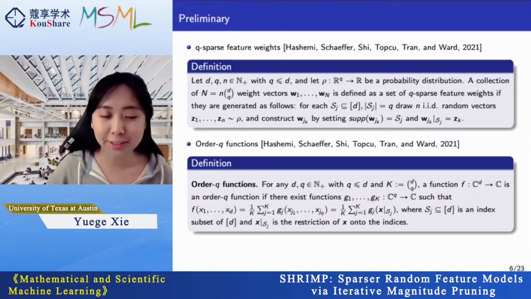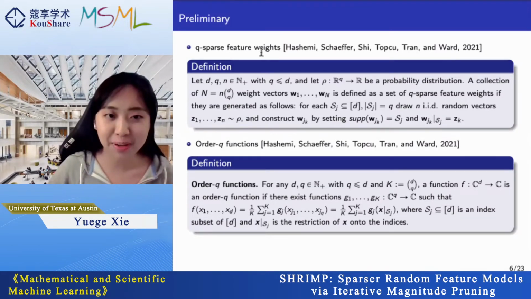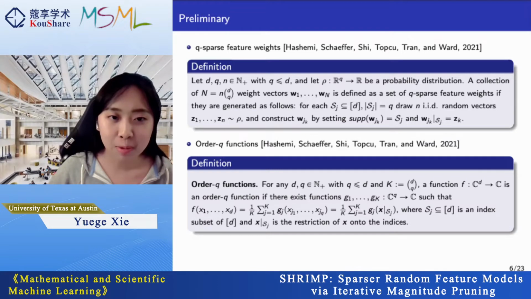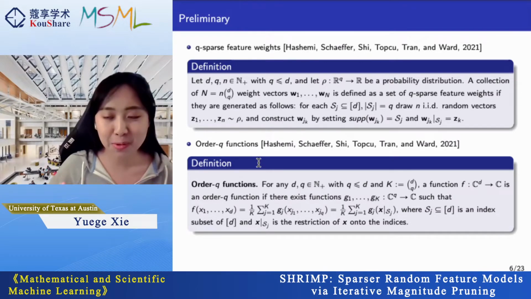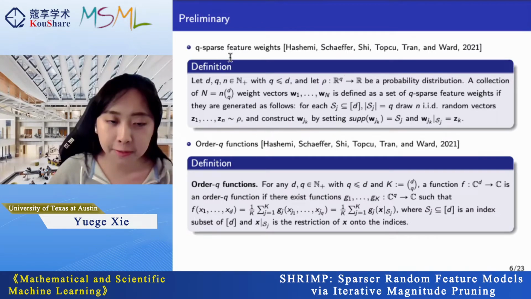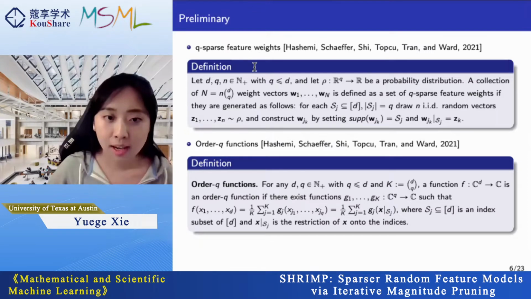Before I introduce our algorithm, I would like to give some preliminaries on the definitions of the Q-sparse feature weights and also the order-Q functions, which we will use to construct our model. The first definition is the Q-sparse feature weights.